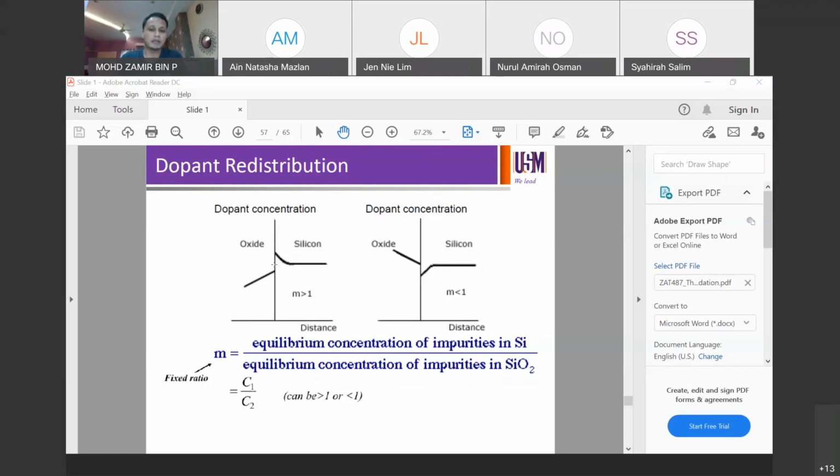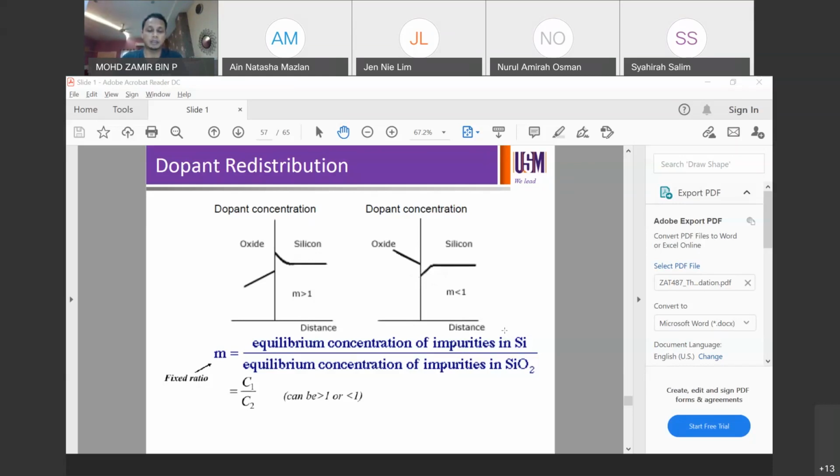On the other hand, you can have dopants with M less than one. If you have such dopants inside your silicon, they are going to show this kind of redistribution during the oxidation process. You can see on the right-hand side, the concentration of the dopants in silicon is less than the equilibrium concentration of the dopants in silicon dioxide.